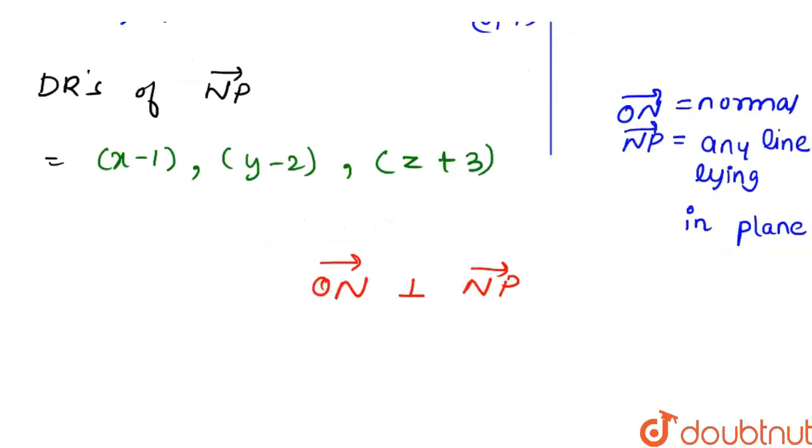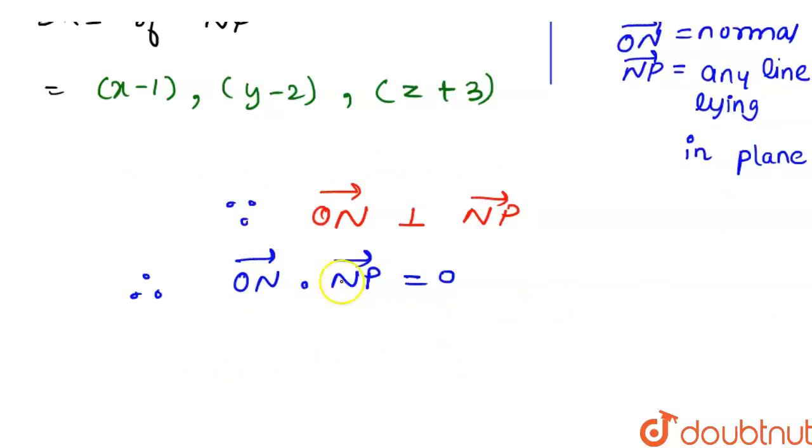The condition of perpendicularity says that if two vectors are perpendicular to each other, then their dot product will be 0. Since ON is perpendicular to NP, therefore ON dot NP will be 0.